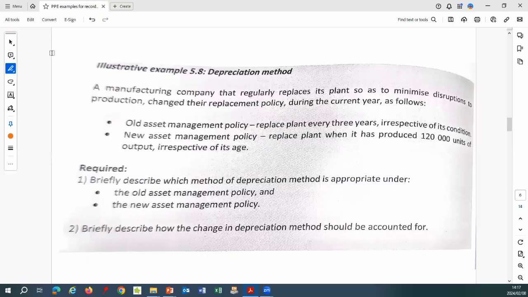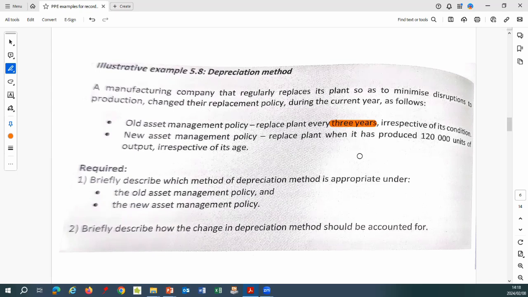So example 5.8, we're looking at the depreciation method. We have 2 different policies which the company has decided to take into account on its plant. The old policy was to replace every 3 years, doesn't matter about the condition or what it's produced.